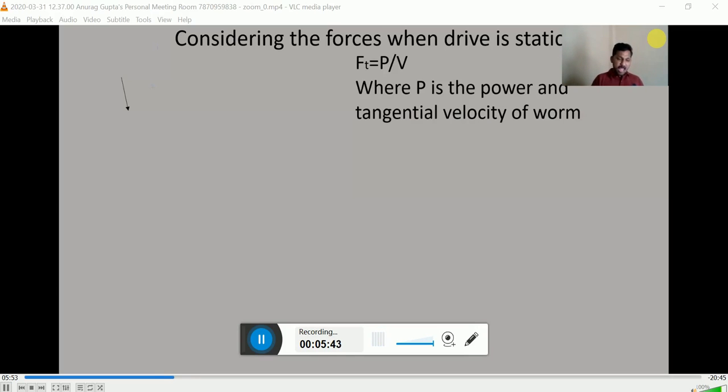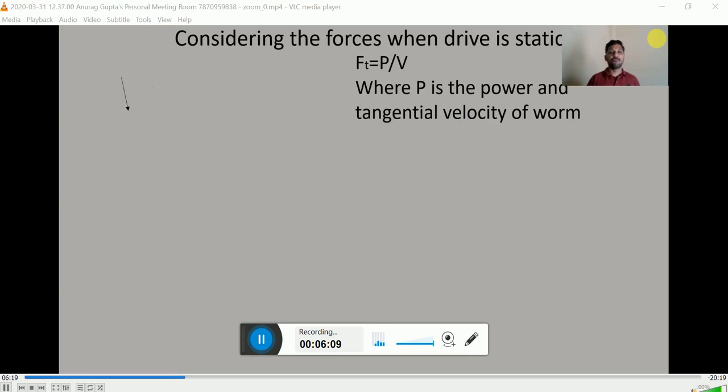Because as and when the worm drive starts rotating, there will be a friction force, and we have to consider that friction force when we are analyzing the forces. So we will first establish the relationship between the tangential, axial, and radial forces when the drive is static. Then we will consider the friction forces.